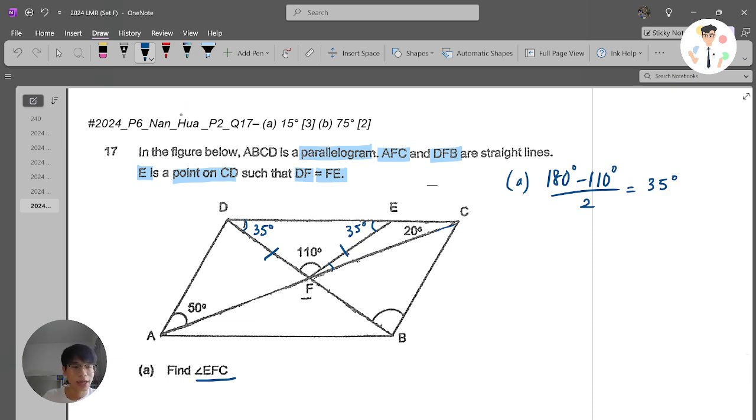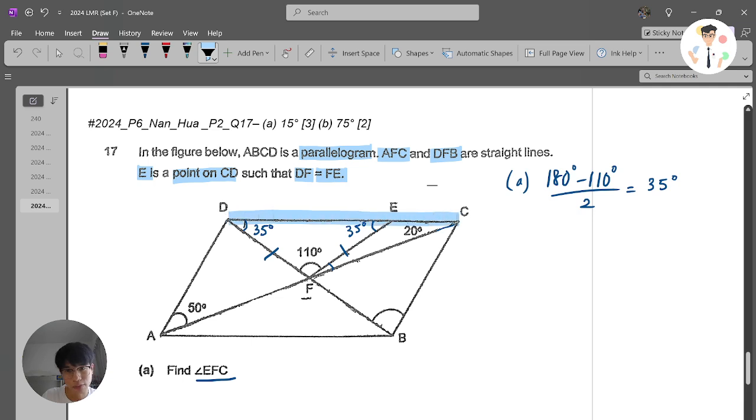But if you look carefully, I'm looking for EFC, this angle. If I color this out, you see there's another triangle. If I know here is 35 and here is 20, together they're supposed to add up to 180, right?